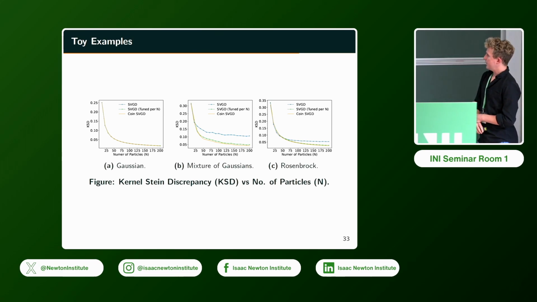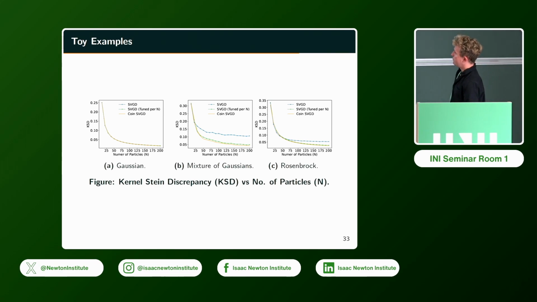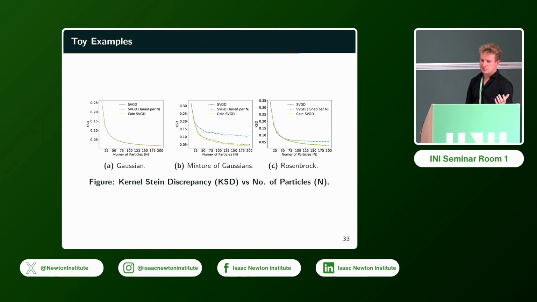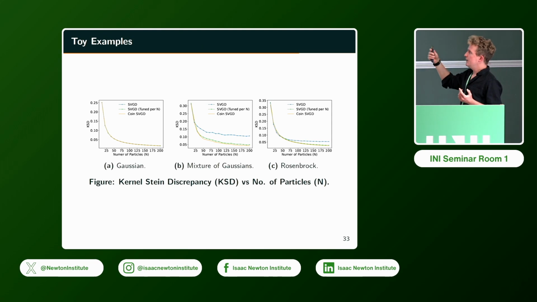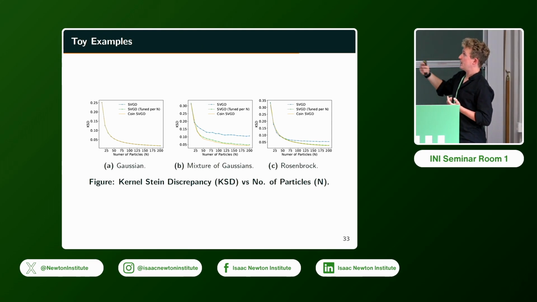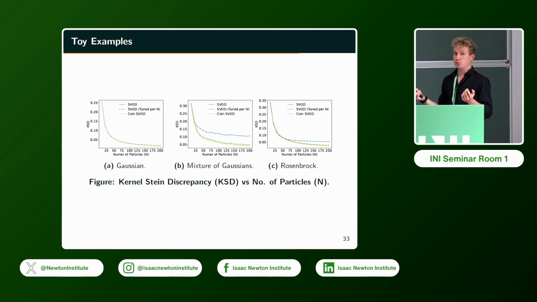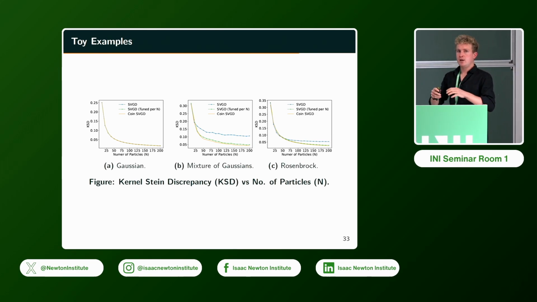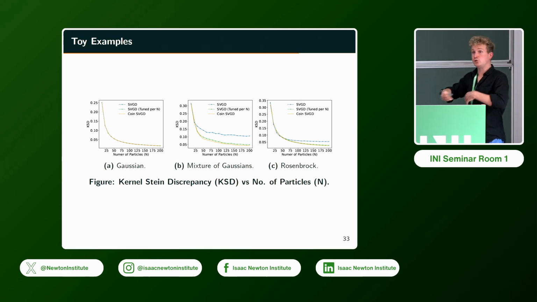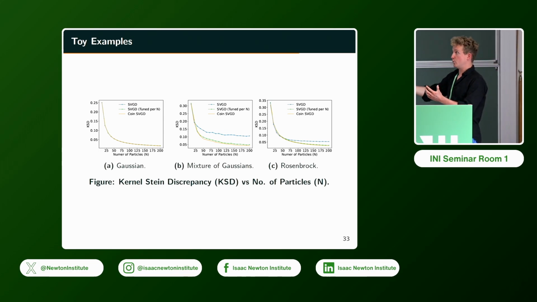Okay, so one other interesting plot here is to showcase another benefit of these algorithms. It turns out that for certain targets, the optimal step size to use for the SVGD algorithm actually depends on the number of particles you want to use to approximate your target. And this is important because you can imagine a scenario where you run SVGD with a very small number of particles over a grid of different step sizes to tune your learning rate, and then for your final inference you use a much greater number of particles to get a better approximation of your target.